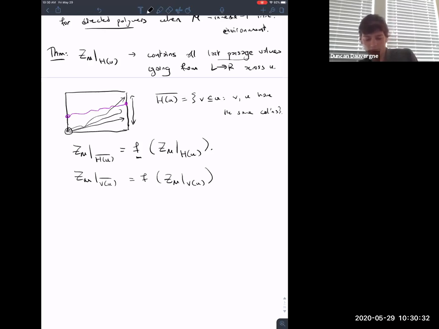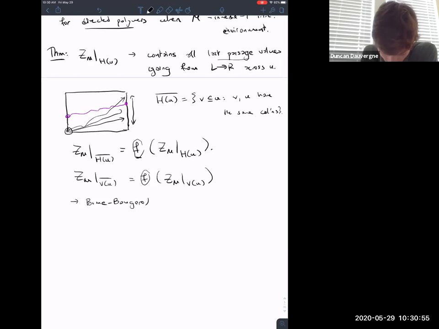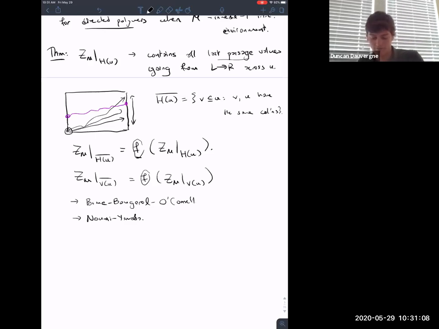I became aware of it because in a paper that I wrote a couple of years ago, some of my co-authors had realized that this was true with an explicit form for this function f. And later we found that that same result had been discovered much earlier in a paper of Biane, Bougerol, and O'Connell. There's also another paper of Noumi and Yamada from around the same time.